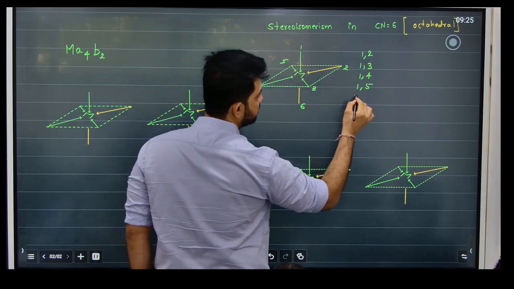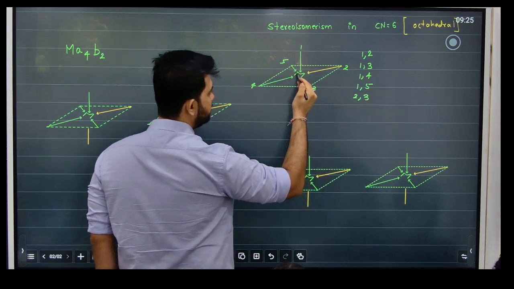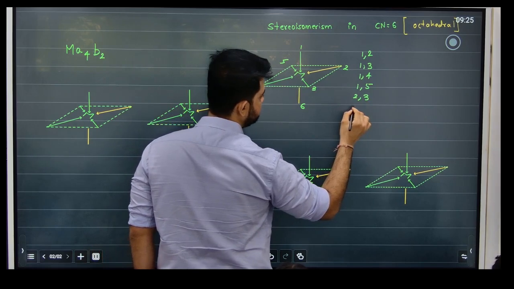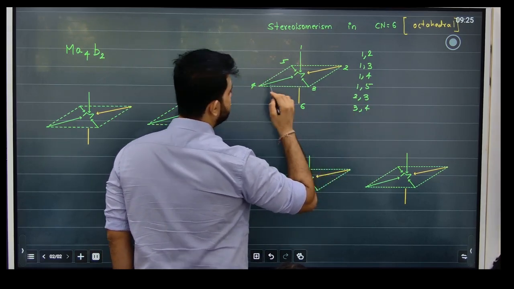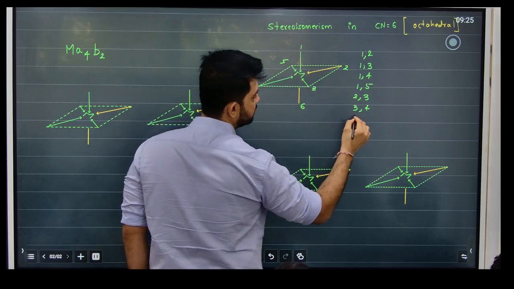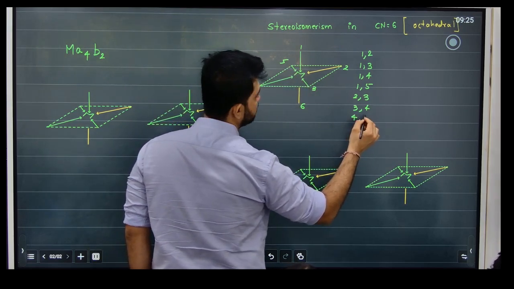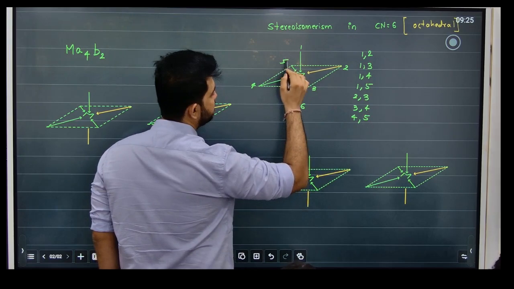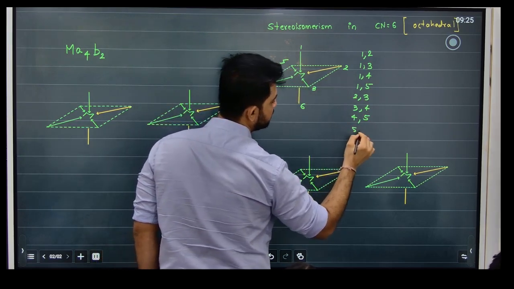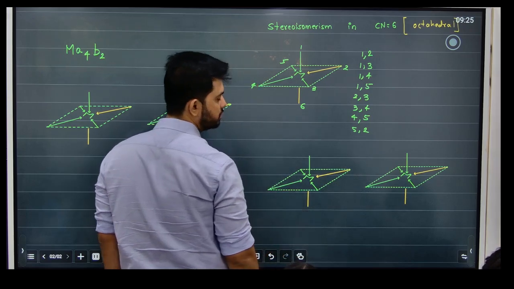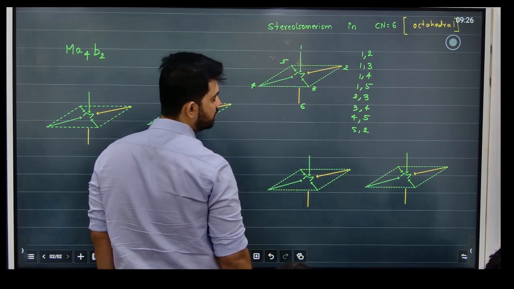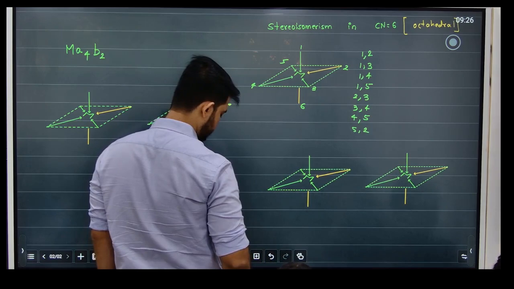2 and 3, 3 and 4, 4 and 5, 5 and 2. All those are 90. Are there more 90 degrees?